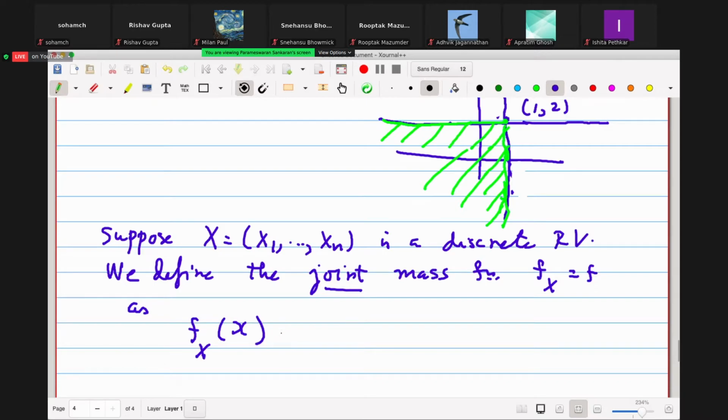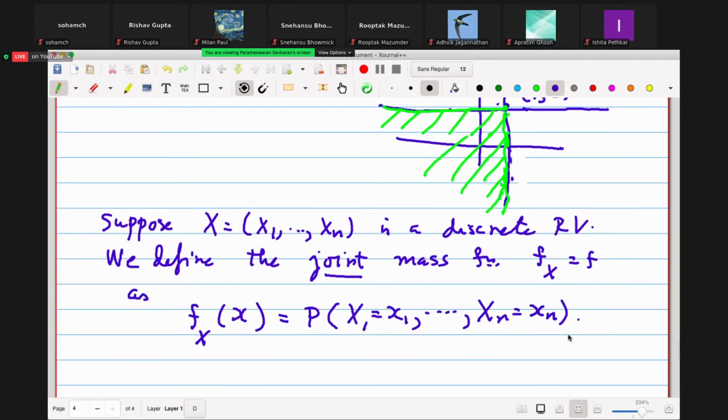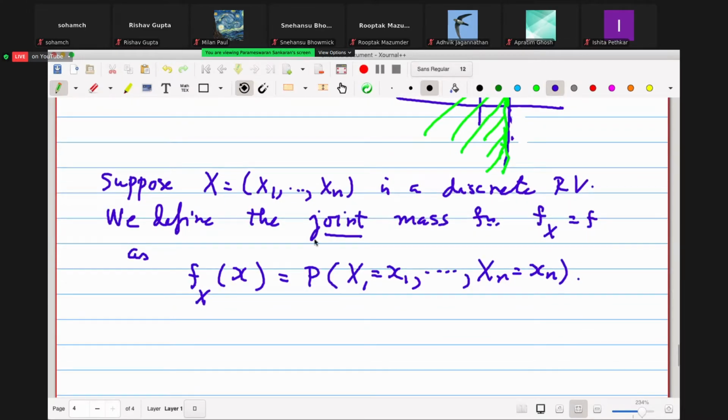This is equal to the probability that X_1 equals x_1, and so on, X_n equals x_n. Of course this is the probability of the empty set, which is 0, unless x is in the image of capital X. So I'm already telling you it is discrete.